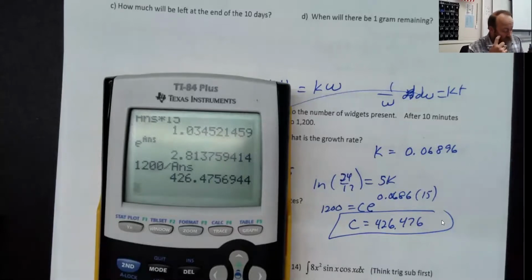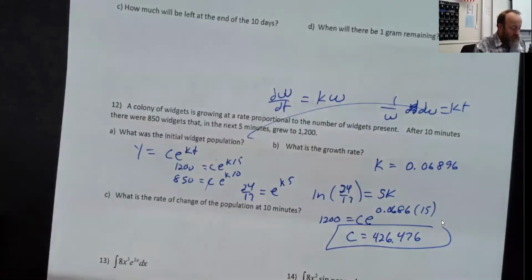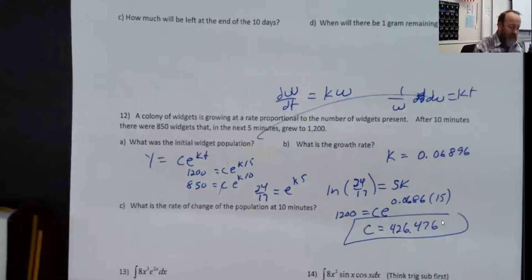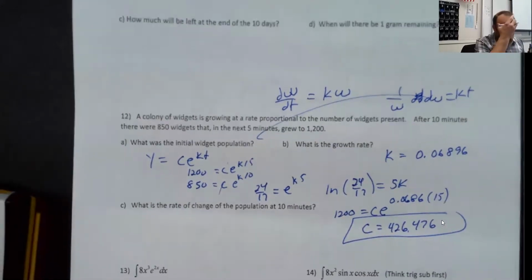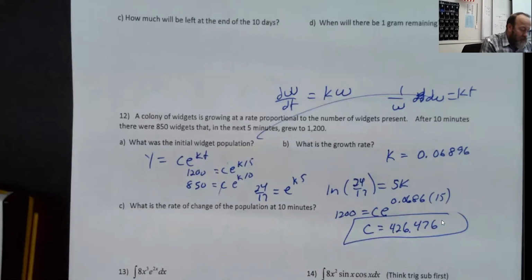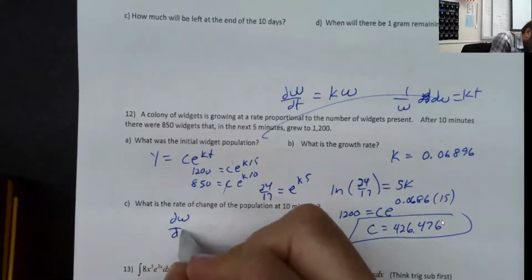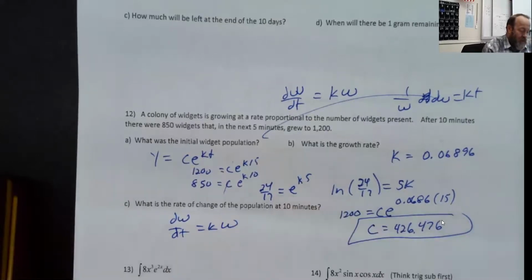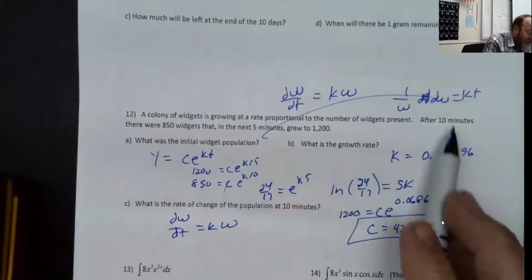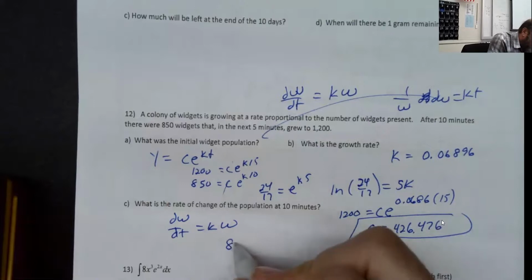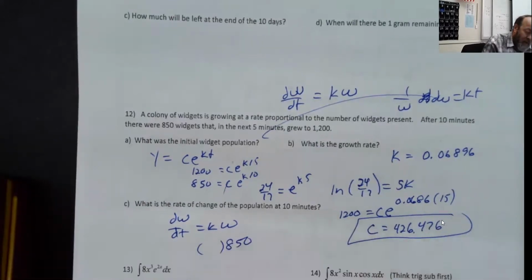And then the last thing we have to do is find the rate of change of the population at 10 minutes. Well, the interesting thing is it says the rate of change, see, keep in mind dW/dt is equal to kW. Well, I know that at 10 minutes, I had exactly 850 widgets. And the growth rate I already had over here as 0.06896.